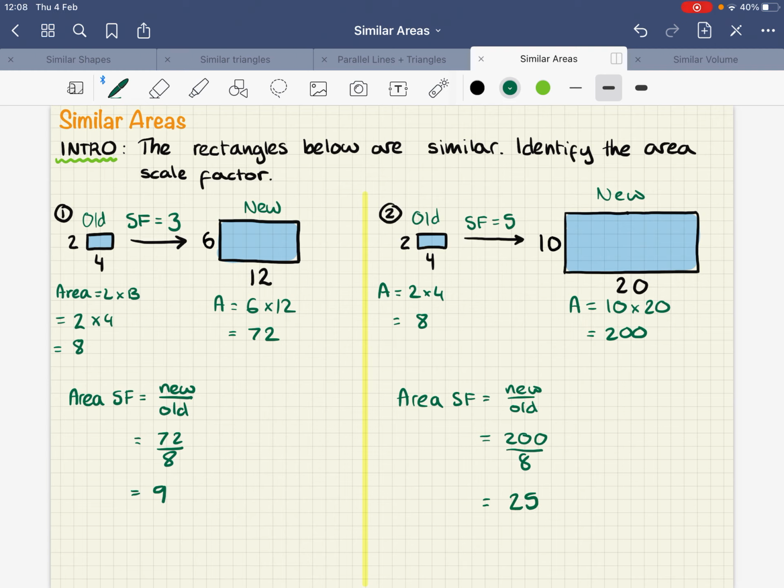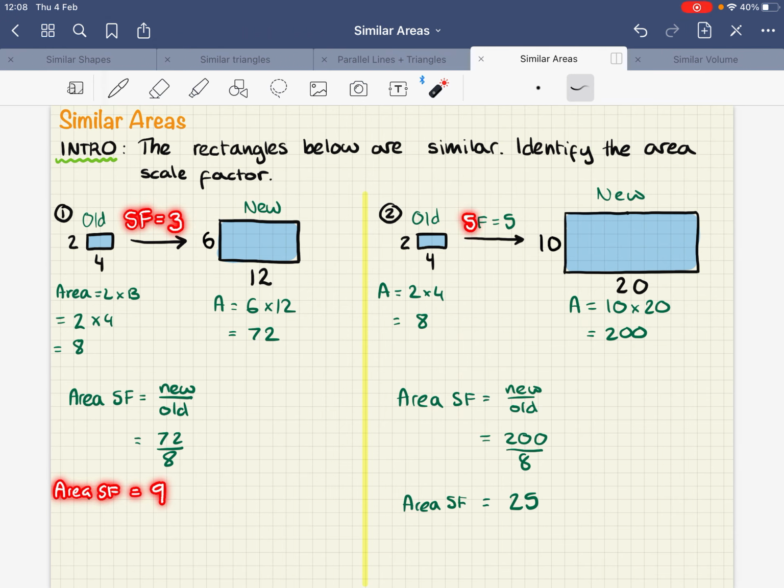Now, let's pay attention to how we go from our linear scale factor to our area scale factor. So for this one here, my scale factor was 3. And then my area scale factor was 9.